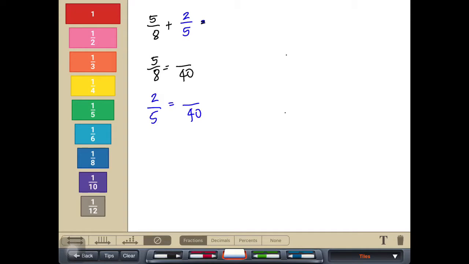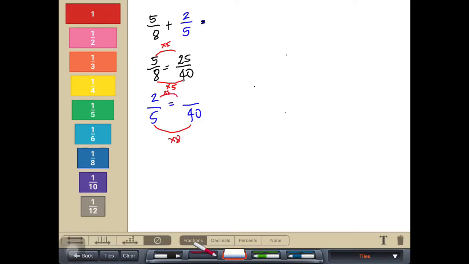Now, to change it, once again, remember your equivalent fractions. What number did I multiply to 8 to get 40? That's 5. So I would apply the same to the numerator. 5 times 5, that's 25. Now let's have 2/5. For 2/5, what number did I multiply to 5 to make it 40? That would be 8. Same thing with the numerator.